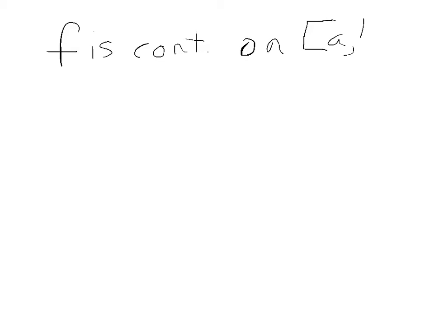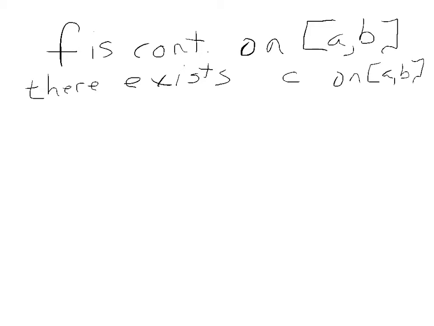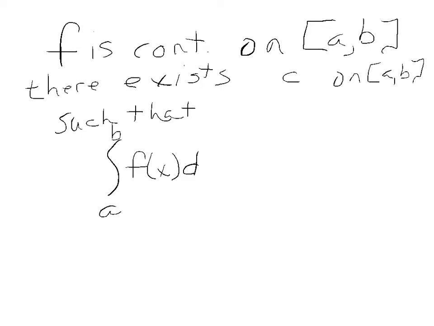If f is continuous on the closed interval [a, b], then there exists a number c on the closed interval such that the integral from a to b of f of x dx is equal to f of c times b minus a.